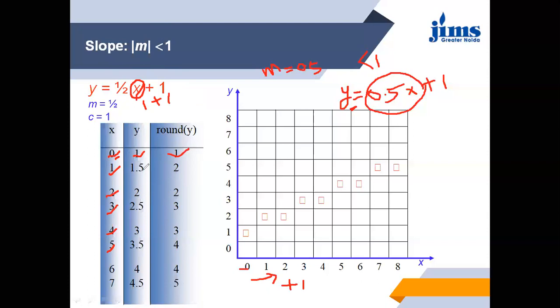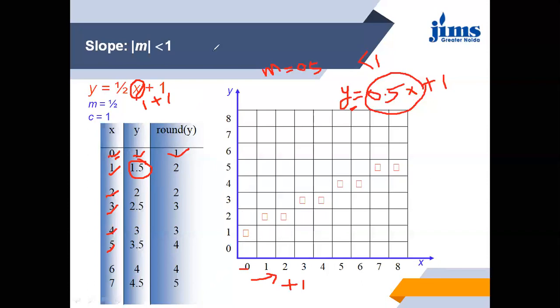So what we are doing, we are approximating the value of y. From here we can say that when the value of x is increased, we have to find out the value of y, that is, which pixel we have to glow.